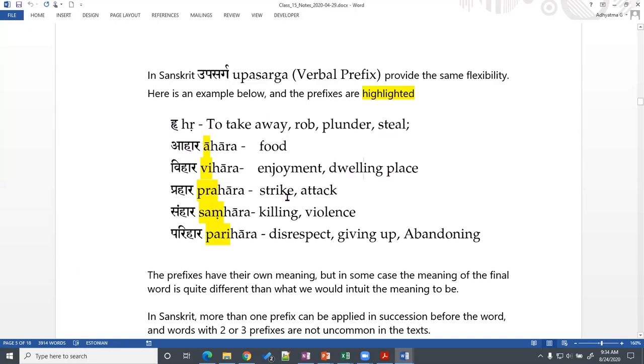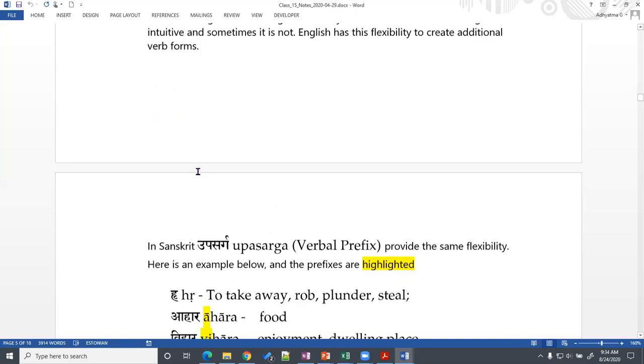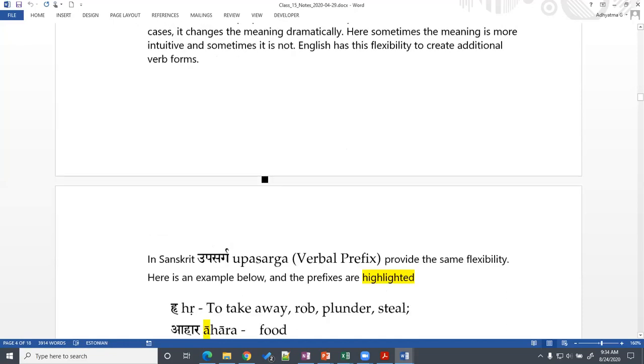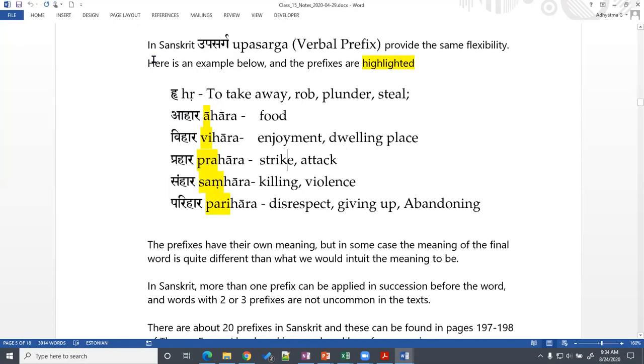Prahara means strike or attack. Sahara, killing or violence. Parihara means disrespect, giving up, abandoning. So you see how drastically, just like in English we saw with the put, we saw with these prefixes change the meaning of the original word.